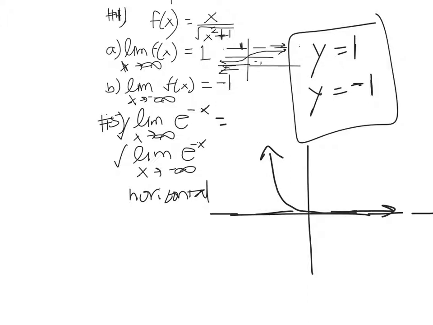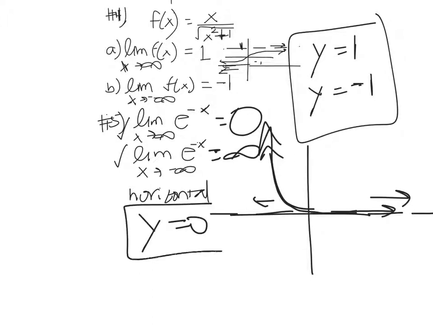So as I go out towards infinity, I get 0 for my limit. As I go towards x is negative infinity, I'm doing e to the negative infinity, which is e to the infinity. Guess what that's going towards? Infinity. And so I get one horizontal asymptote here, and my horizontal asymptote would be at y equals 0. All right, I think I did it all.